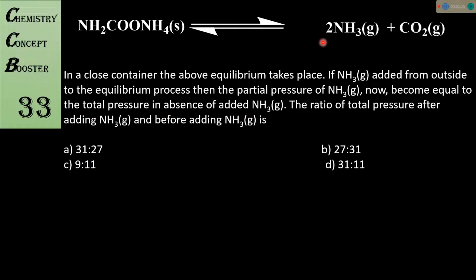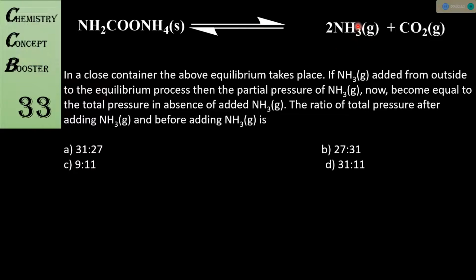If we consider this equilibrium, there is some partial pressure of ammonia gas and of CO2 gas, and some total pressure of these two gases. When we add ammonia gas from outside, the equilibrium gets disturbed.